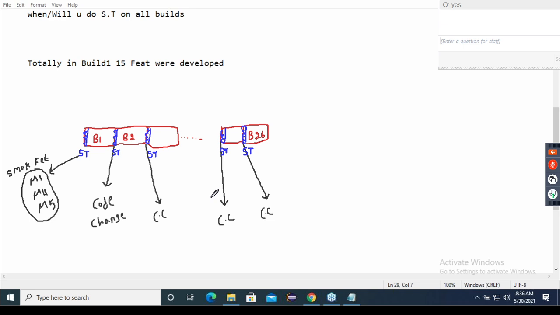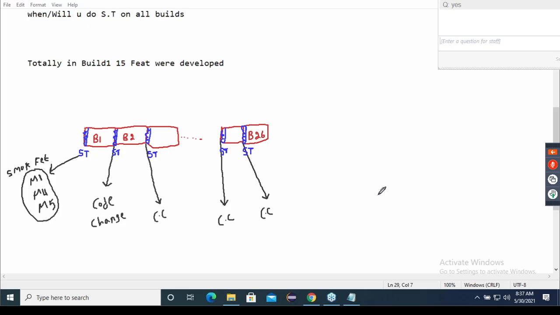Okay, now guys, the interviewer is asking, you are doing smoke testing on each and every build because code changes may affect the smoke features once again. But guys, smoke features will get affected due to code changes only if the modules are dependent.